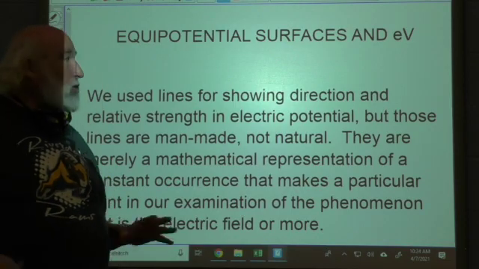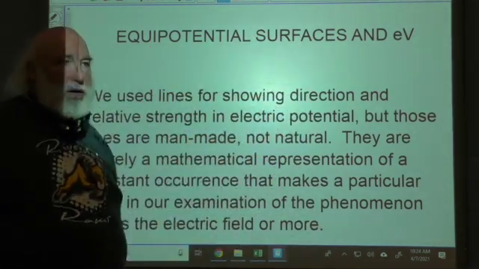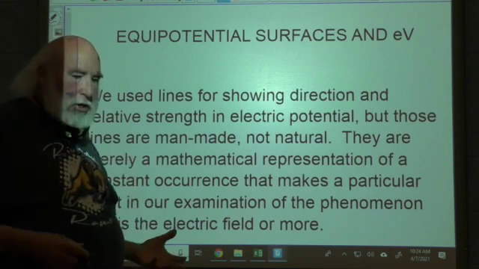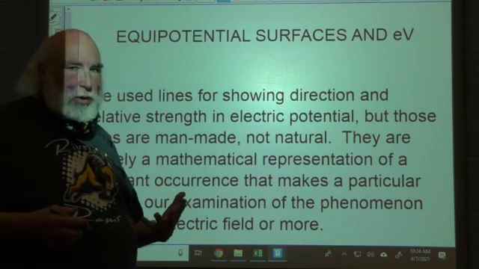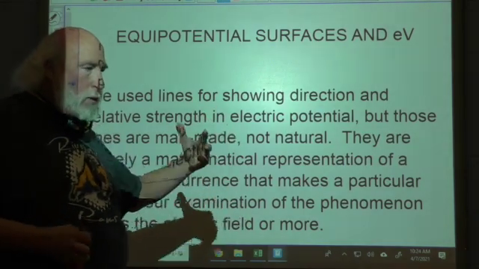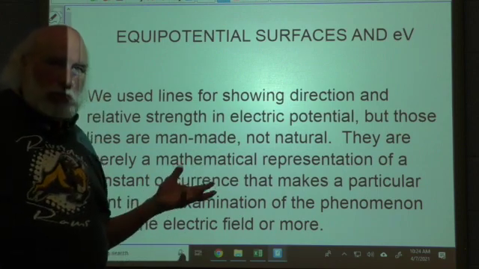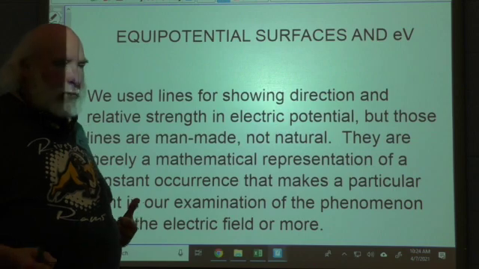Okay, this next section deals with equipotential surfaces and electron volts. Now, basically this is a continuation of Coulomb's law, which says that there's an inverse relationship between the force of attraction or repulsion between electrons and the distance squared.